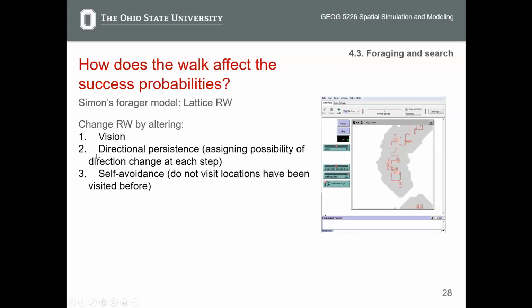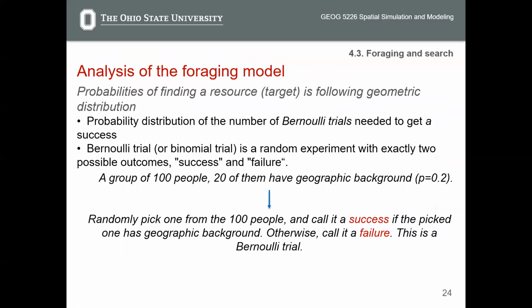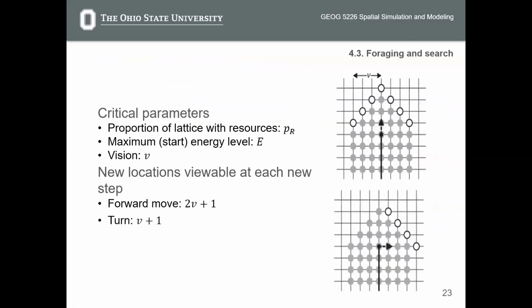Okay, and also the directional persistence affects the success probabilities. Do you still remember these two figures here? Well, yeah. Obviously, following a specific direction permanently or for a long time is a better strategy than changing direction frequently.